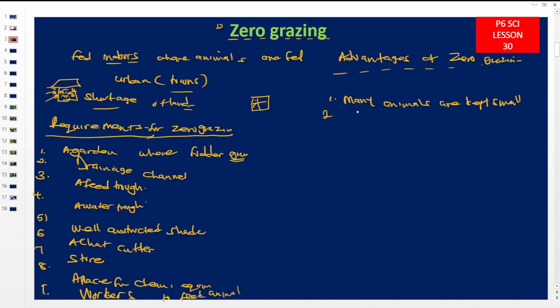Number 2, it is easy to spot a sick animal, because the animals are indoors. It's you who provides them with water, gives them food, and cleans. Now you can easily see the sick animal, unlike the paddocking system whereby the animals just roam within the paddocks.